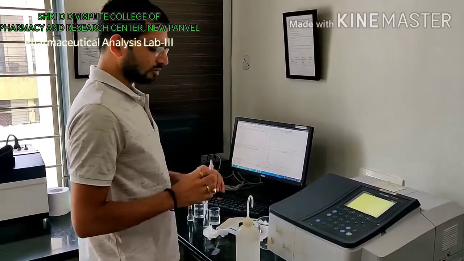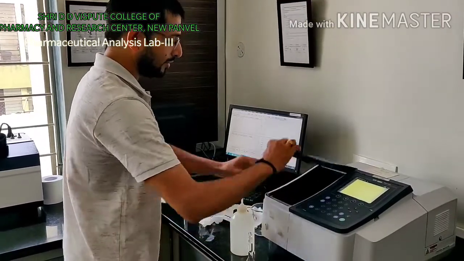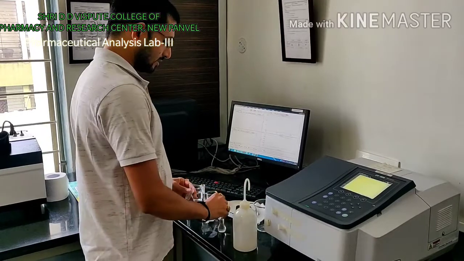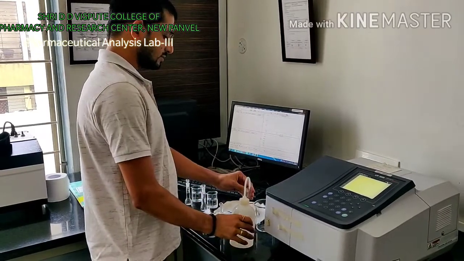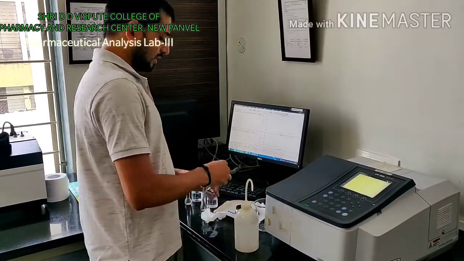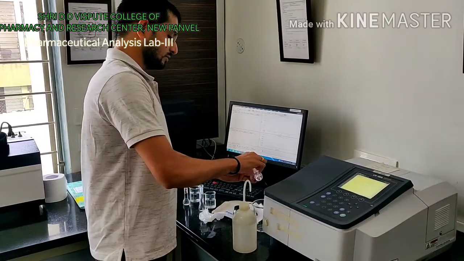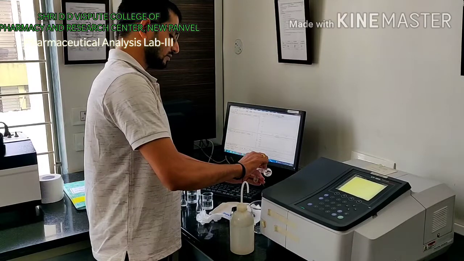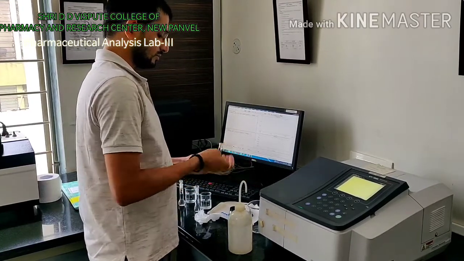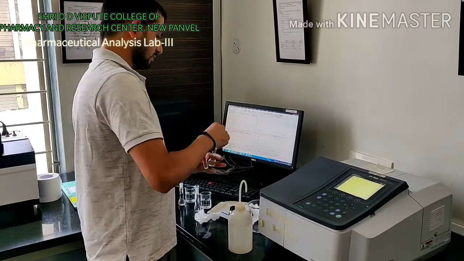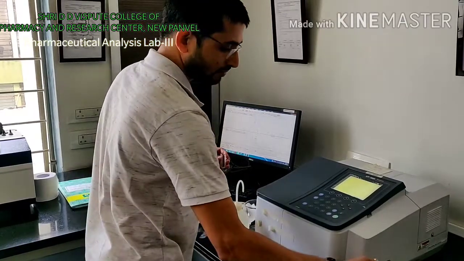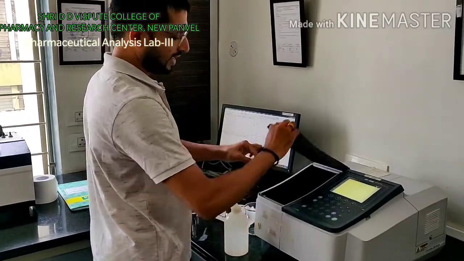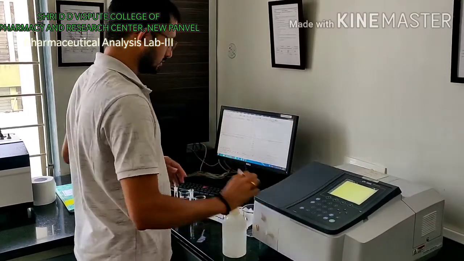Then take the absorbance of solution A, prepared with dilute NaOH as the blank. Wash the cuvette, rinse it with your sample solution A, and measure the absorbance of this solution.